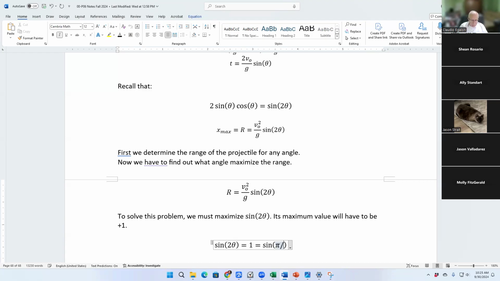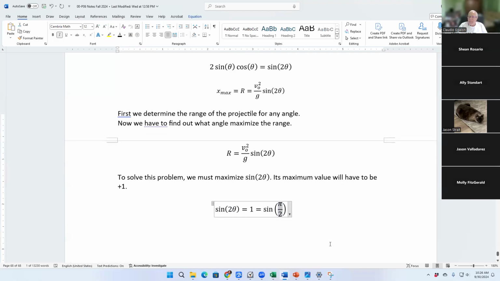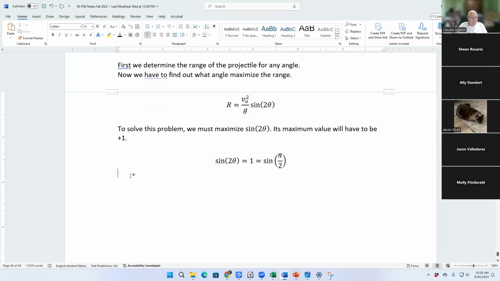Okay, pi over 2, sorry. Whenever the argument of sine is pi over 2, the sine is going to be 1, right? So what you must have here is that sine of 2 theta equals 1, so 2 theta must be equal to pi over 2. Make sense? Okay.